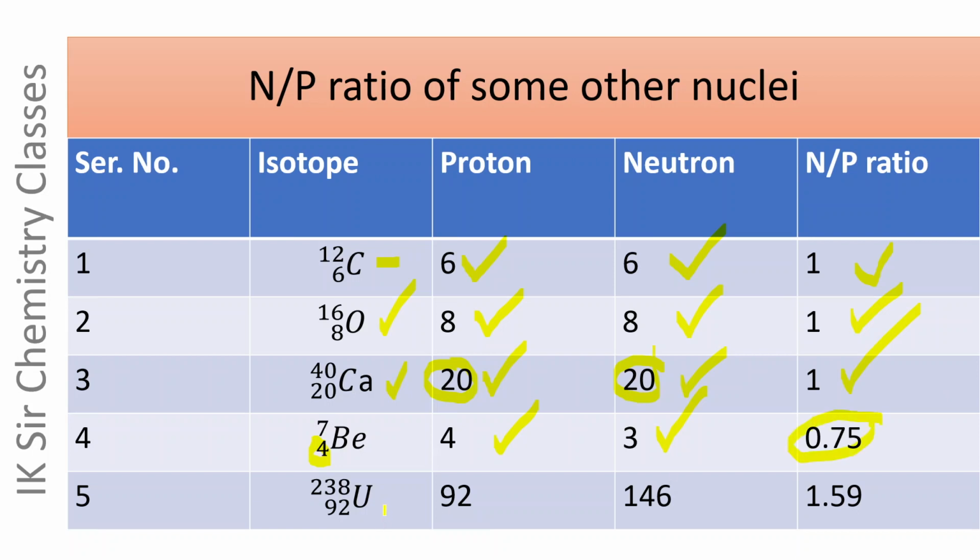On the other hand, uranium 238 contains 92 protons and 238 minus 92, that is 146 neutrons in the nucleus, and hence its N by P ratio will be 146 divided by 92, and it will be equal to 1.59. These are the N by P ratios of some common isotopes.